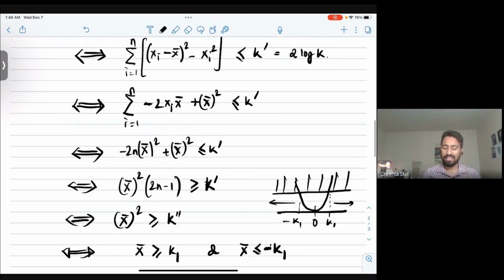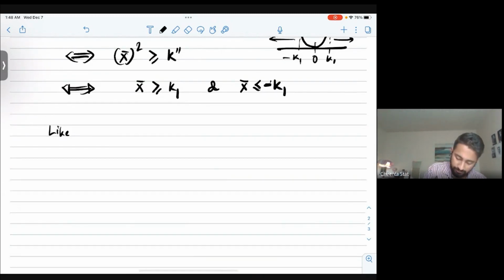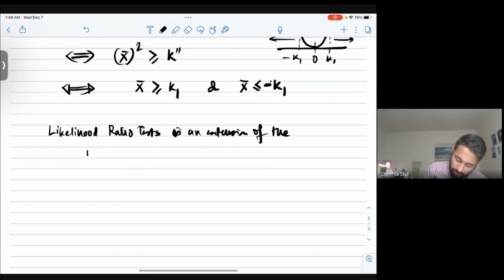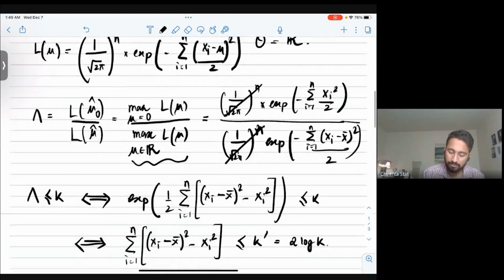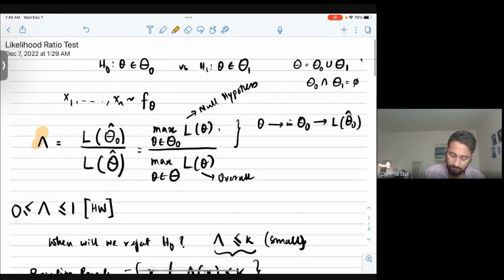So likelihood ratio tests are an extension of the intuitive idea of the Neyman-Pearson lemma. It's like creating a pseudo most powerful scenario using this methodology.